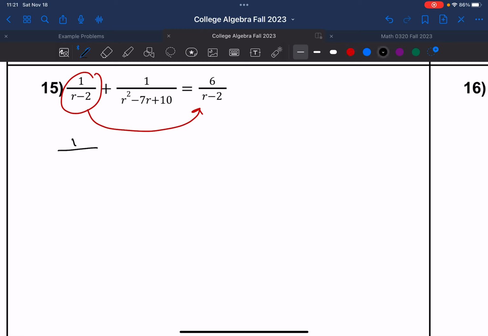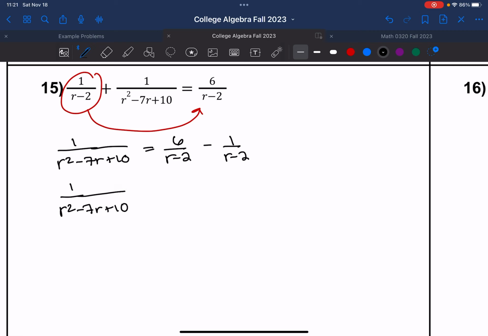So I have 1 over r squared minus 7r plus 10 is equal to 6 over r minus 2 minus 1 over r minus 2. So if I was to combine these fractions, 6 minus 1 is 5. So I have 1 over r squared minus 7r plus 10 is equal to 5 over r minus 2.